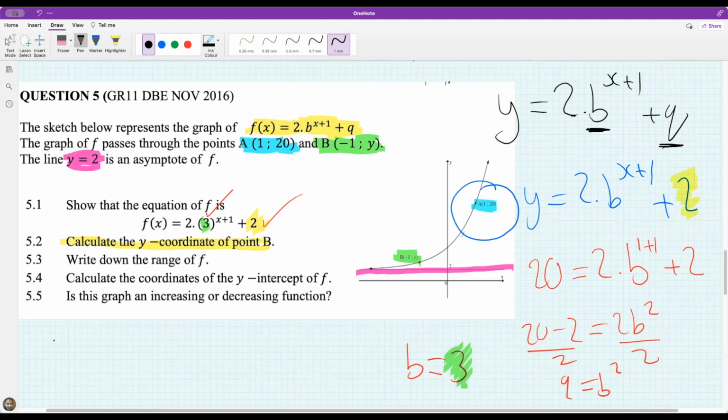So all we need to do is take that -1 and put it into the function f.